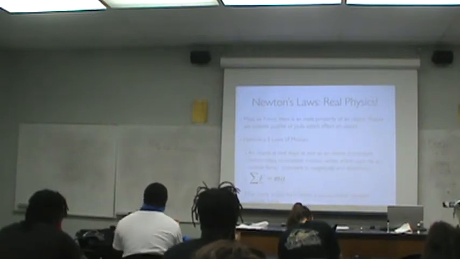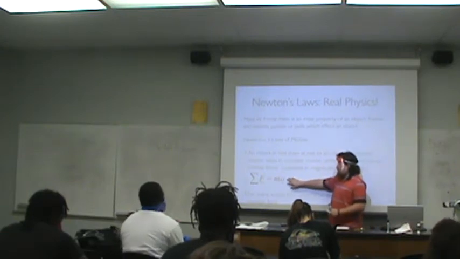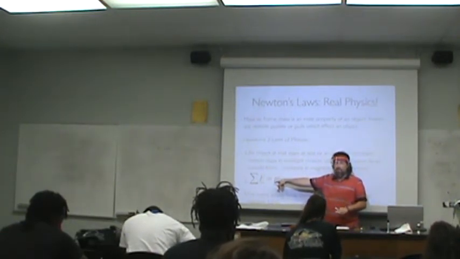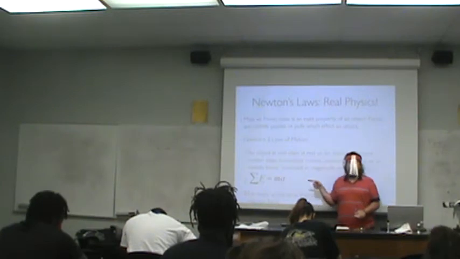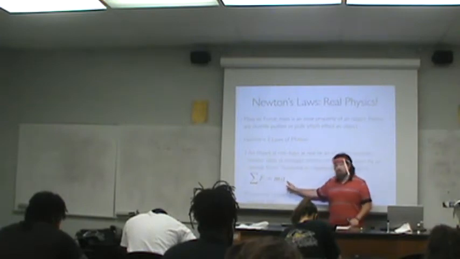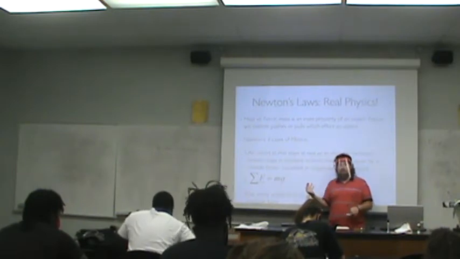And notice, force equals mass times acceleration. Mass is not a vector, because you can't have 10 grams north, but acceleration is a vector. So objects will always accelerate in the direction of the force. If I exert a force north on something, it will accelerate north.